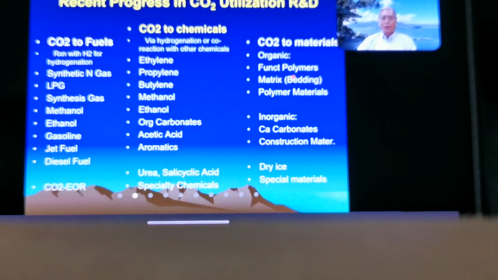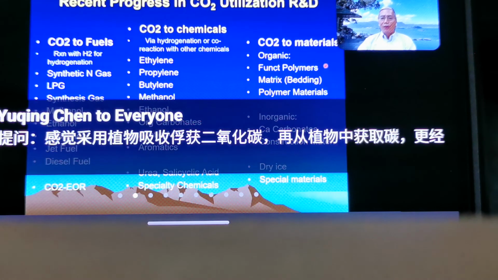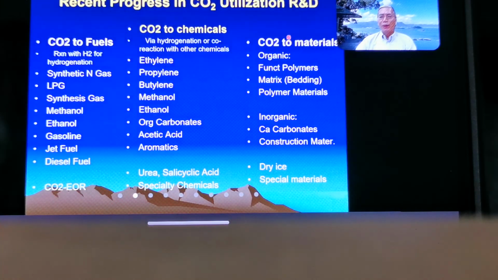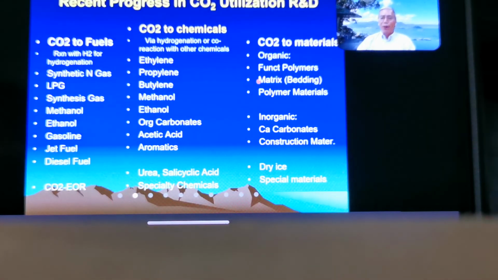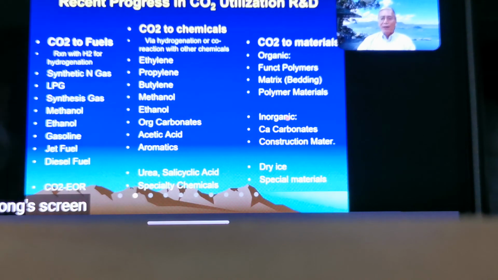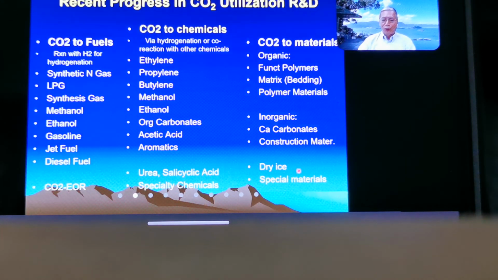In terms of CO2 materials, we can now make CO2 into functional polymers, and Covestro announced commercial production of mattresses for bedding, using CO2 to synthesize polyol, and the polyol is already in commercial production by Covestro, and other polymer materials from ethylene and propylene, of course. In inorganic materials, we can make calcium-based or magnesium carbonate and construction materials, bricks, and other materials. And in the food industry, we already use CO2 for dry ice and small amounts of specialty chemicals.